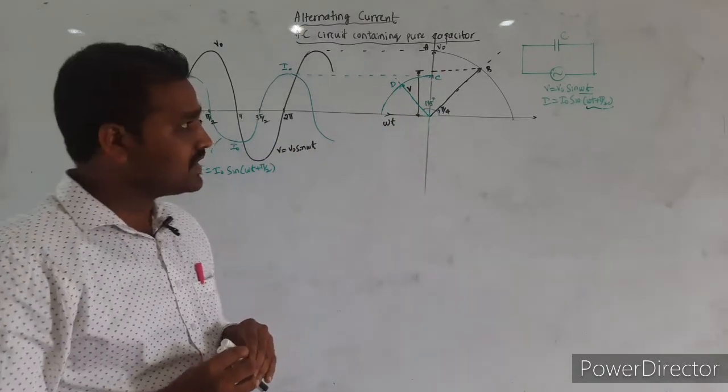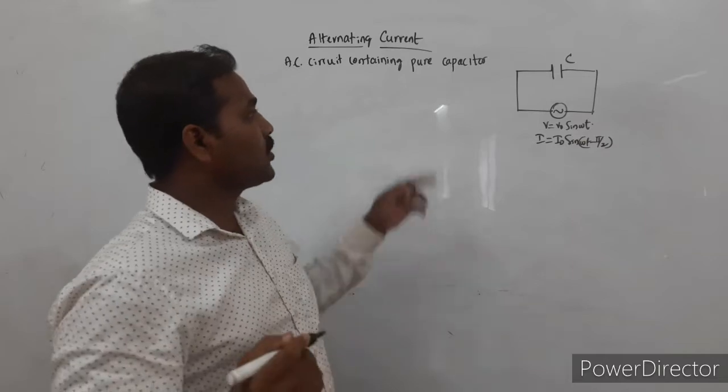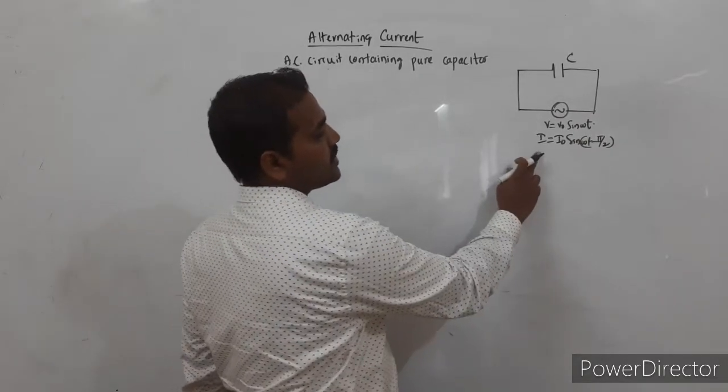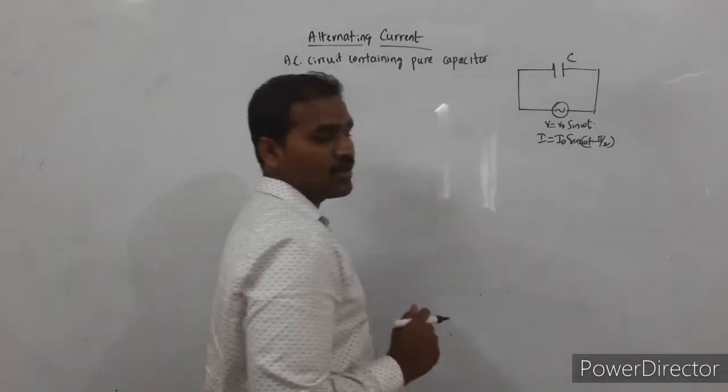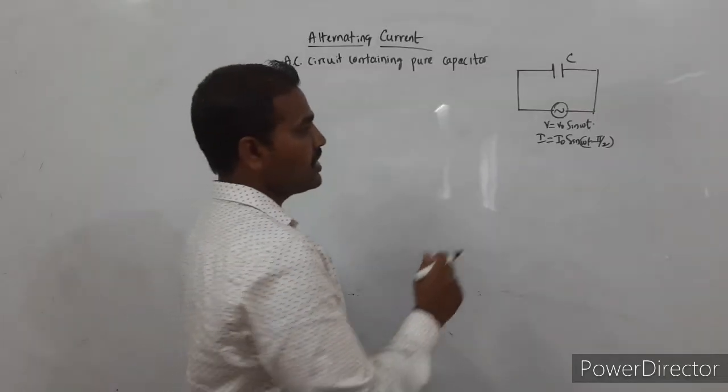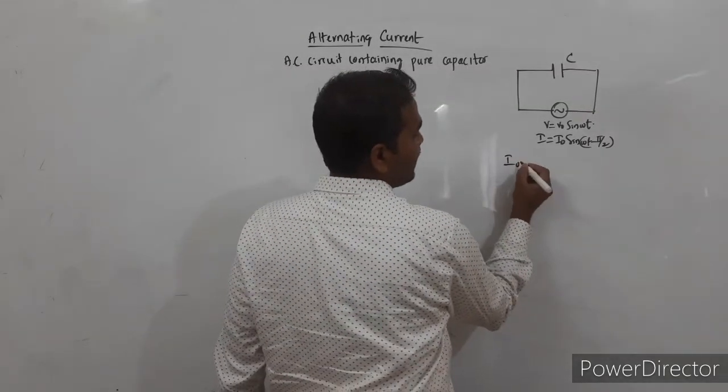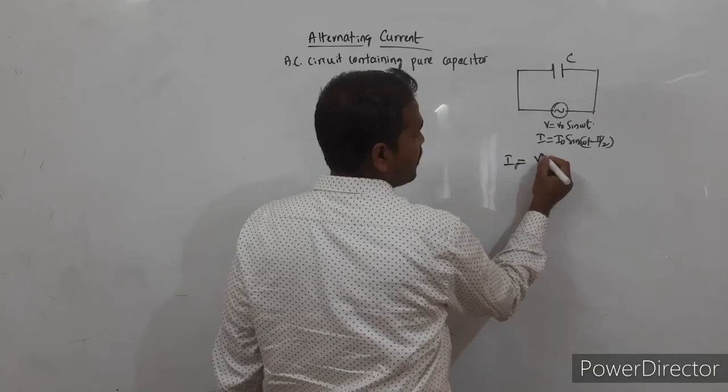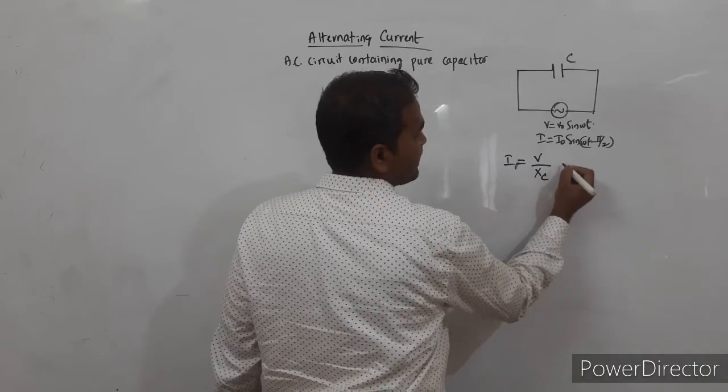So this is the representation of alternating voltage and alternating current graphically as well as using phasor diagrams. For the AC circuit containing a pure capacitor, we got the equation of current I is equal to I naught sin of omega t minus pi by 2, where I naught is equal to V divided by XC.